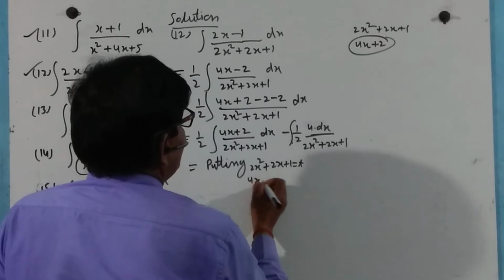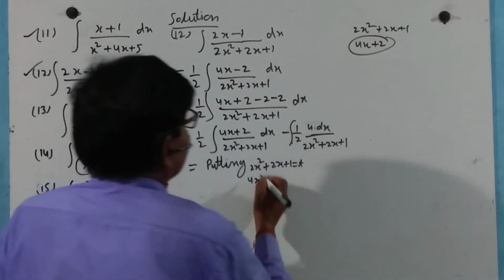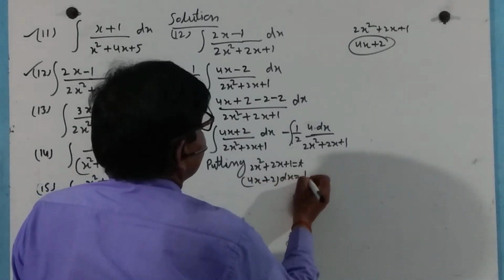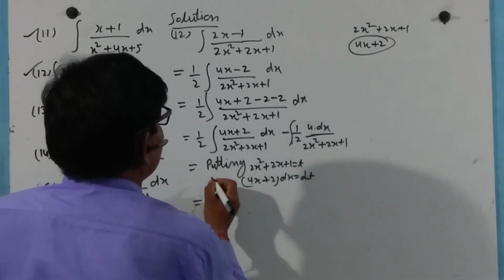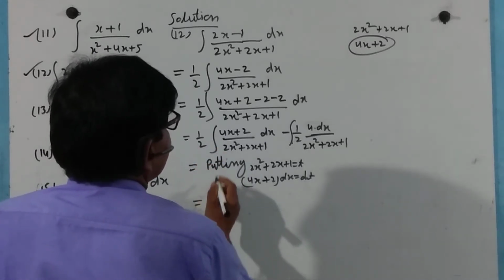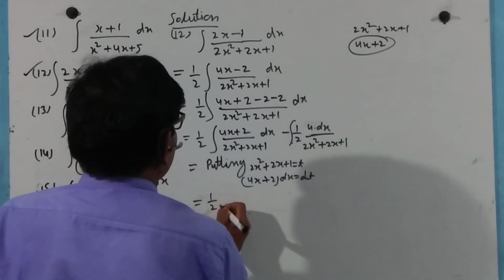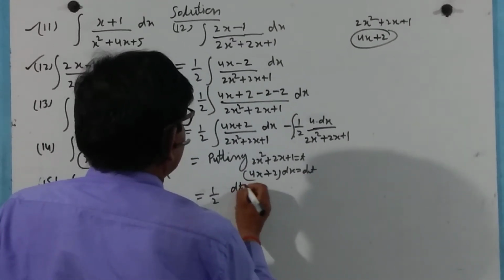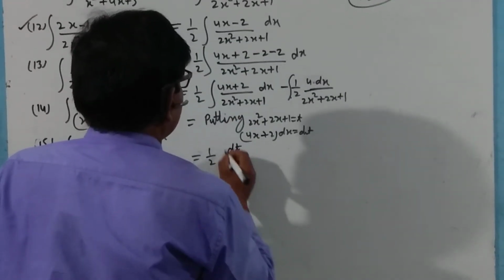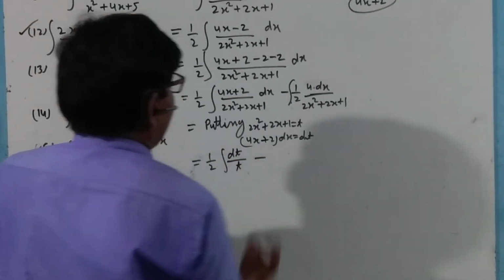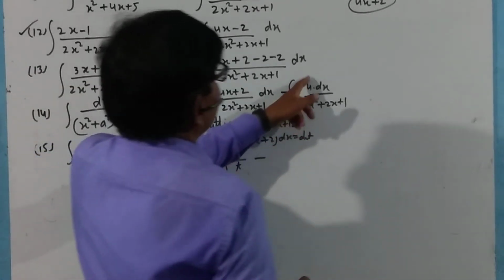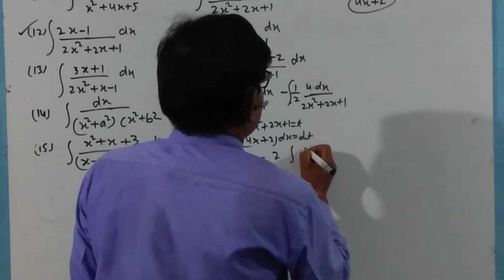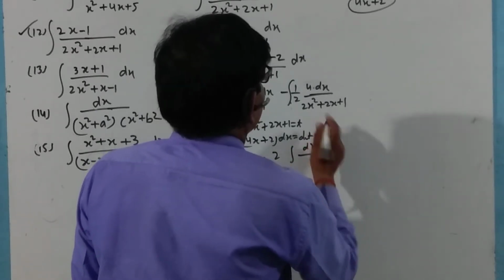Differentiating with respect to x, 4x + 2 dx equal to dt. So here we put 1 by 2 and 4x + 2 dx equal to dt divided by t, integration, and minus 2 integration of dx divided by this.